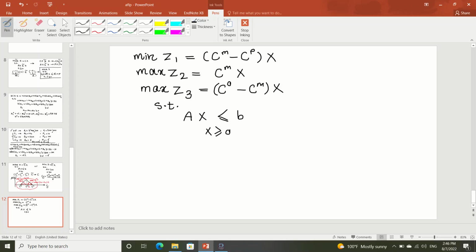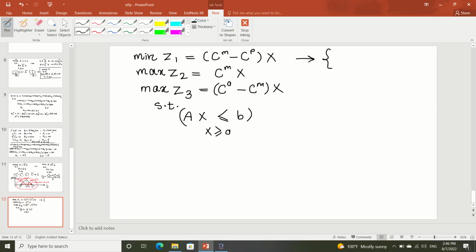Each objective function must be minimized or maximized according to its state. For example, in the first place, we must solve the minimum z1 subjected to this constraint.